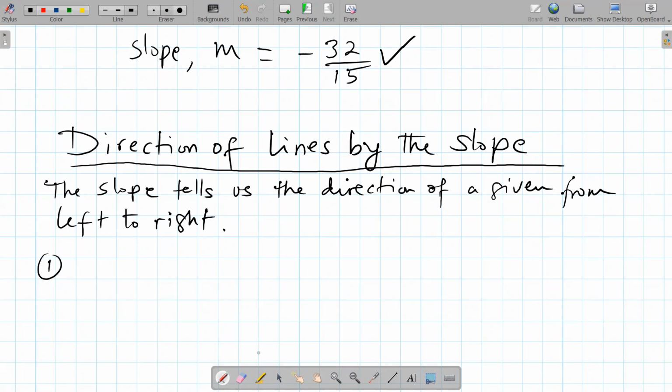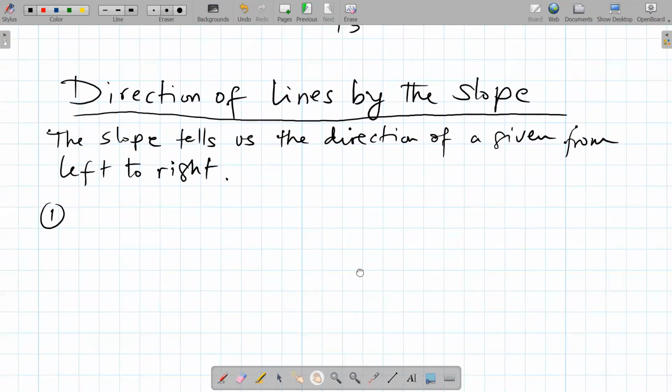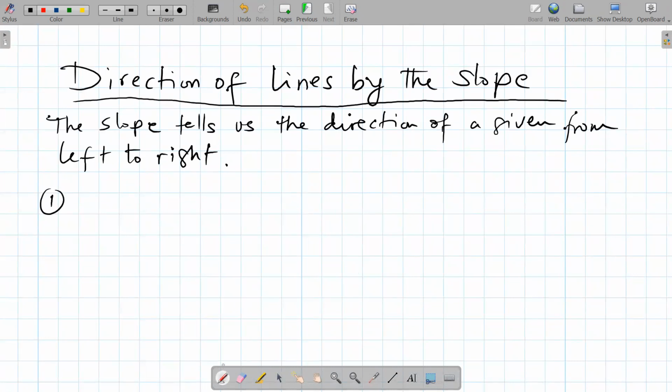4 cases here. First one, if the slope is positive, remember we use m for slope, that is m is greater than 0. Okay, that means it's positive.